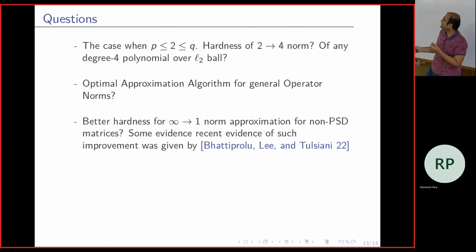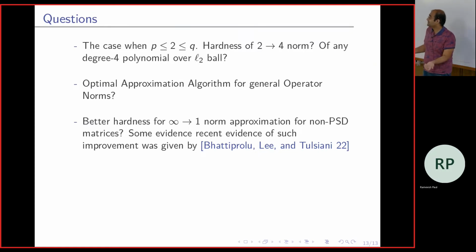The other thing is, can you do this for general operator norms? And the hardness that I was telling you about is of the form A transpose times A, so it's always going to give a PSD matrix. So the hardness is only for PSD matrices. Can you prove a better hardness for matrices which are not necessarily PSD?